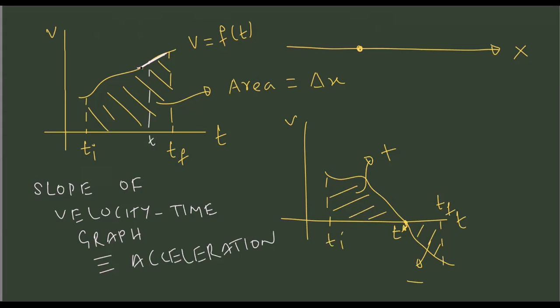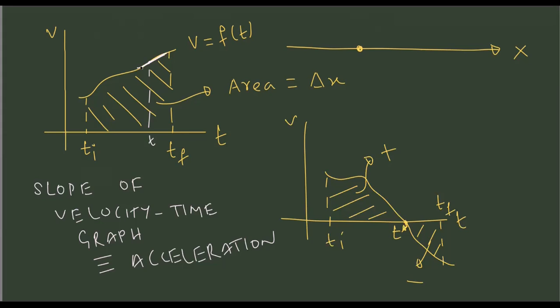Two important things. One, if you are taking the slope of the velocity time graph, you get the acceleration. Second, if you are taking the area under the velocity time graph, you get the displacement. But you have to be careful: the area above the time axis is taken as positive displacement, and below it is taken as negative.